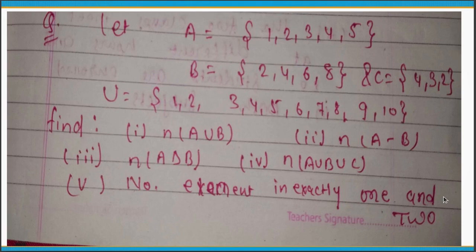Now you can find the number of elements in exactly 1 and 2, meaning neither in exactly 1 nor in exactly 2, only those elements which are in all three sets.